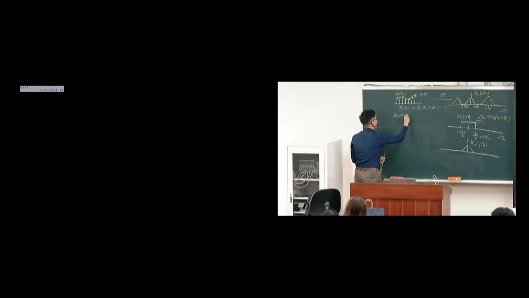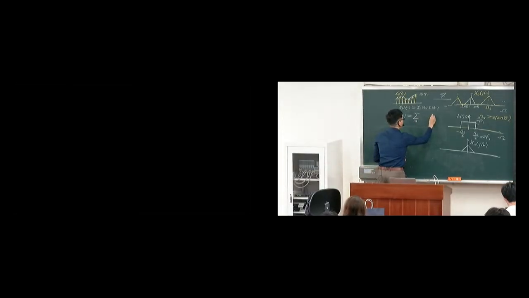The spike can be expressed also as an infinite sum of spikes. I mean, if this is spike number 1, spike number 2, spike number 3, it's going to be a lot of spikes, each shifted by nT.